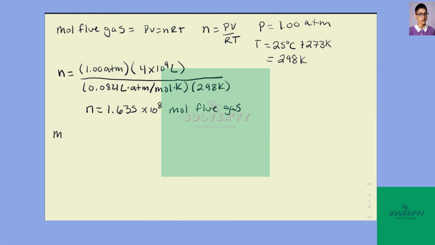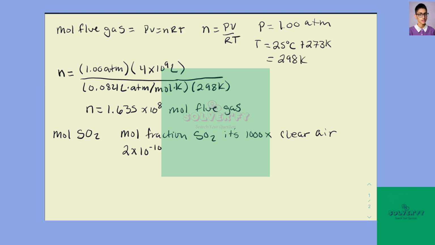So we need to find the moles of our sulfur dioxide, and they give us the mole fraction for sulfur dioxide. They say it's 1,000 times that of clean air, and we know that the mole fraction for clean air is 2 times 10 to the negative 10.